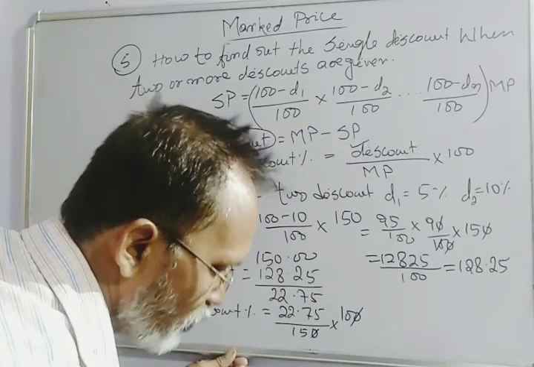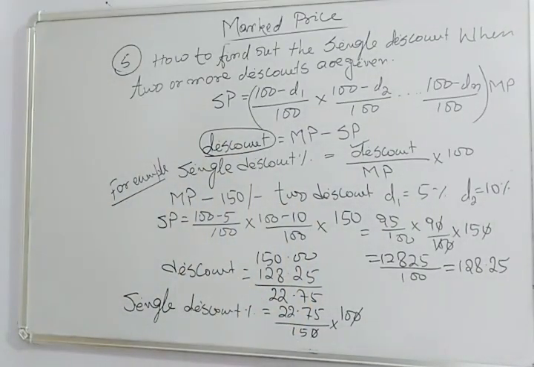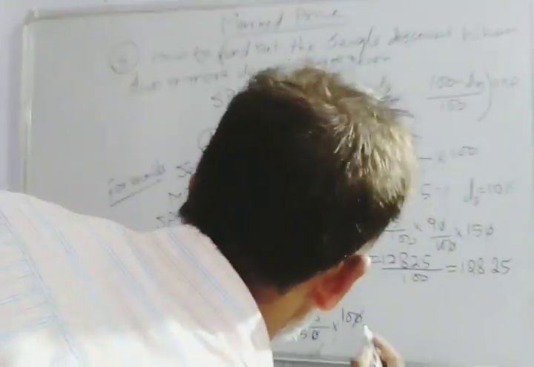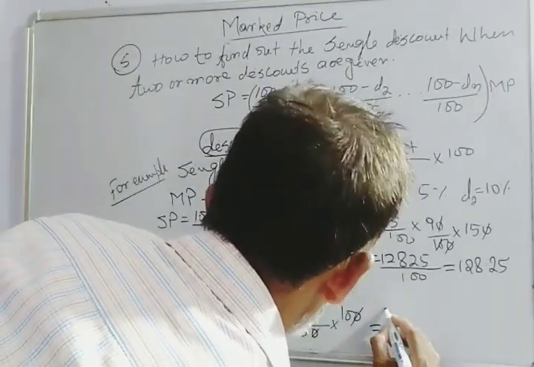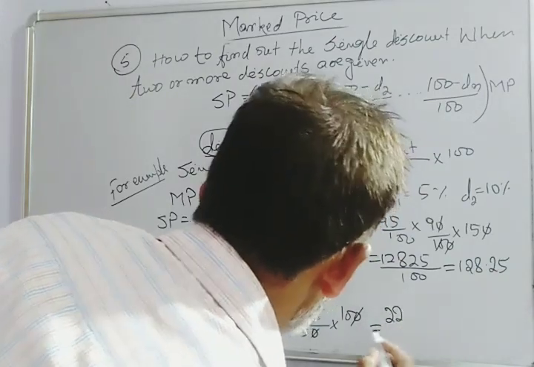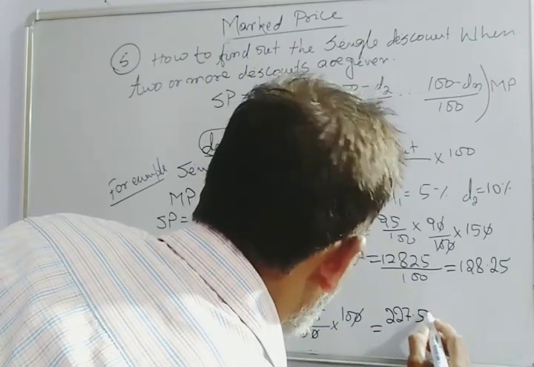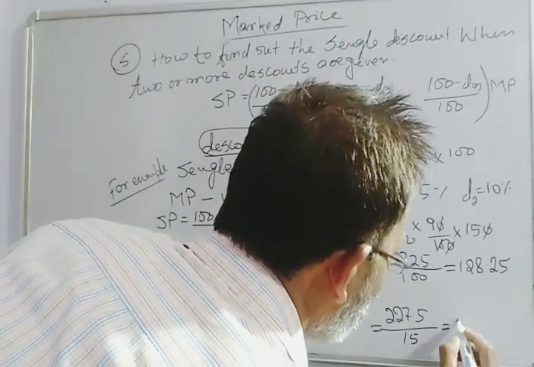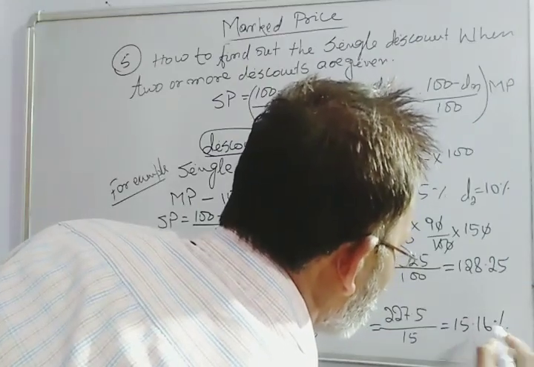So the 00 is cut off, and this is equal to 15.16%.